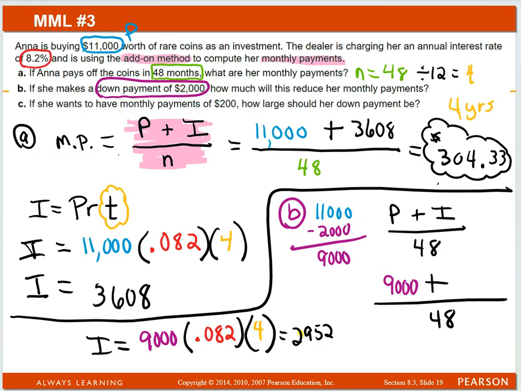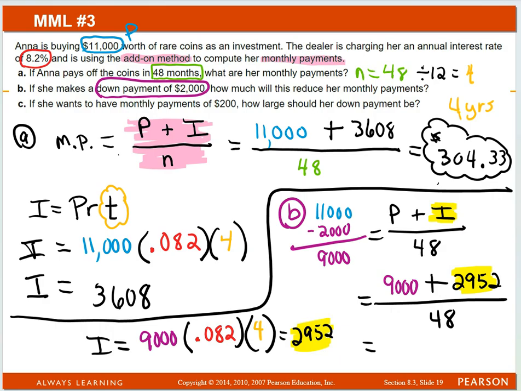So this is my new interest, which is what's going to go here. And remember, this is calculating our monthly payment.